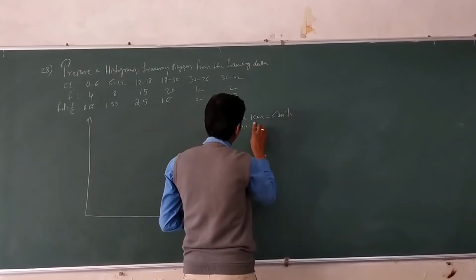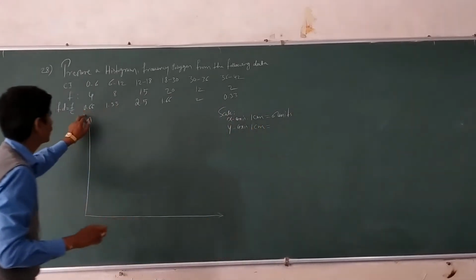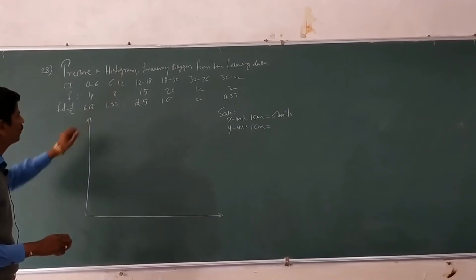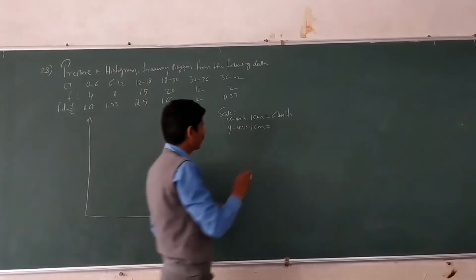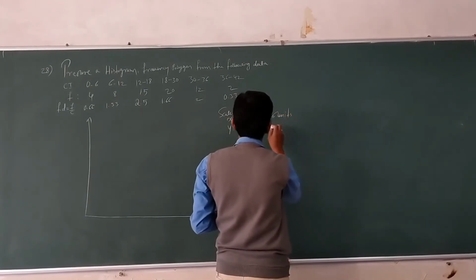On the y-axis, 1 centimeter equals, here the lowest is 0.33 and the highest is 2.5, so 1 centimeter equals 0.5 units.